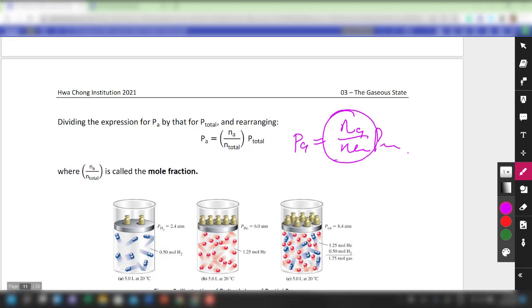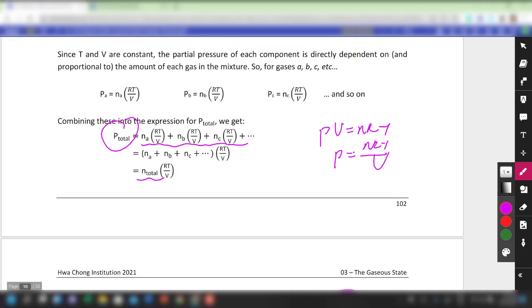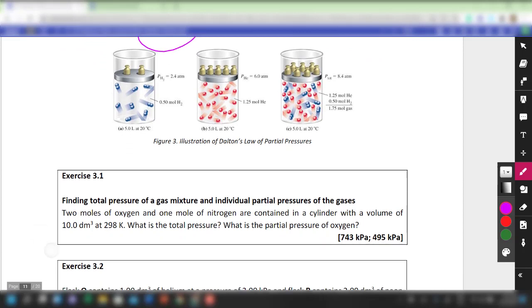This factor, number of moles of A divided by the total number of moles, we call the mole fraction. This is a new variable which you need to be familiar with, and I believe this is not taught to you anywhere in secondary school, unless you have been exposed to some of it earlier.